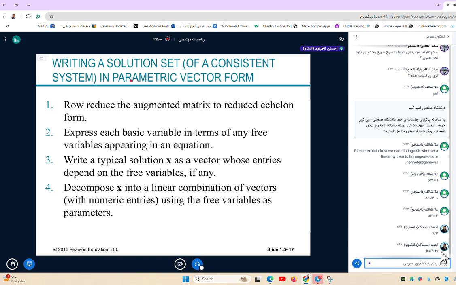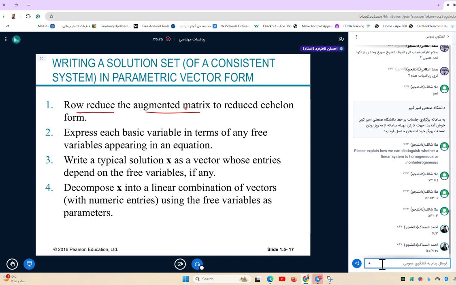Writing a solution set in the parametric vector form. We just saw an example of this, but this is the formal procedure. First of all, row reduce the augmented matrix to reduced echelon form. Row reduce the augmented matrix.